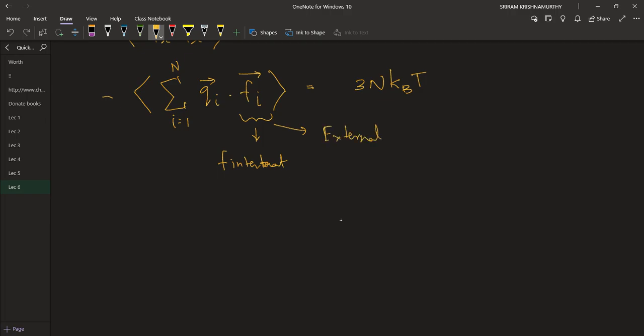The internal force is the force by the system, and then we have the external force acting on the system, right? The external force F_i is basically coming from all the molecules hitting the walls of the container.